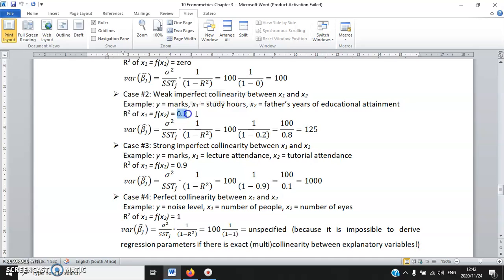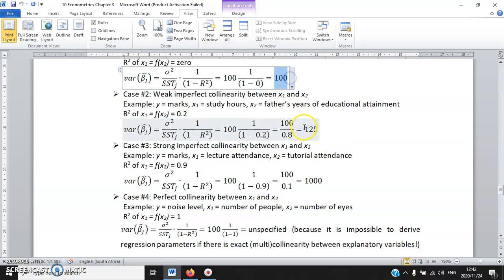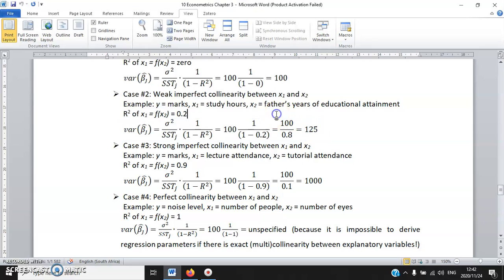But in general, a little bit of positive relationship. So 0.2 is the R square of the auxiliary regression. Then I substitute 0.2 here. Do you notice that by running it as a multivariate regression, in this case, luckily, x1 and x2 are only weakly correlated, but it still caused the variance of the parameter to go up? Do you see the increase from 100 to 125?